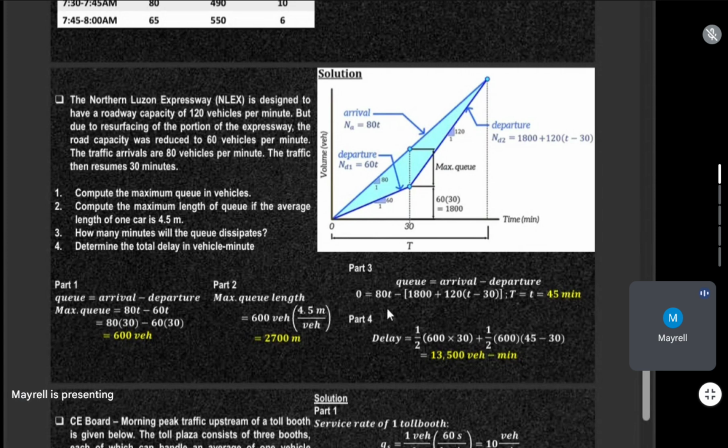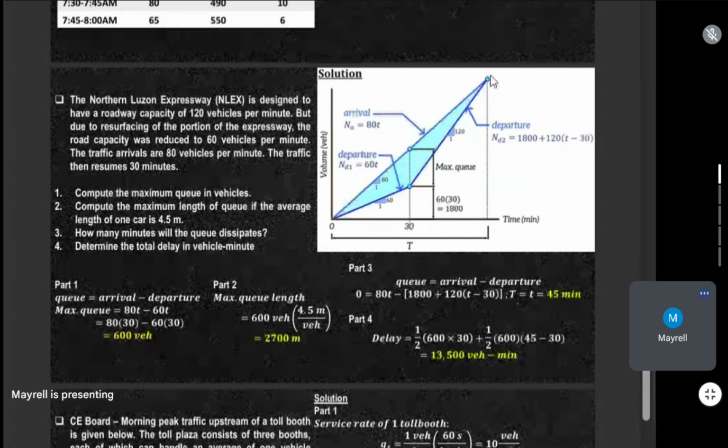Okay. So you have, at what time? So 80t, that's the arrival, minus the departure, this one is the departure rate.